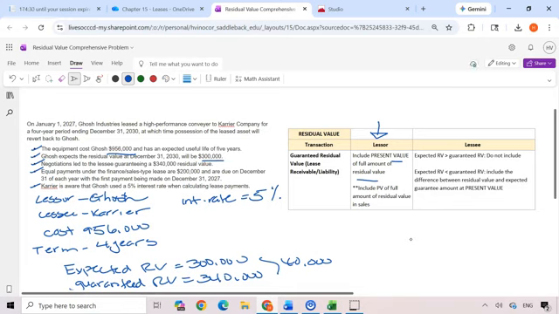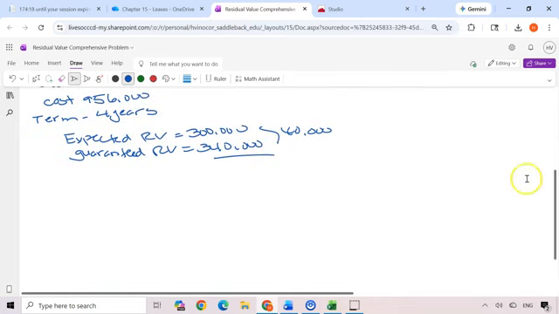That means I'm going to include that when I calculate the lease receivable, the asset and liability section. The full residual value is $340,000 because that's the guaranteed amount.